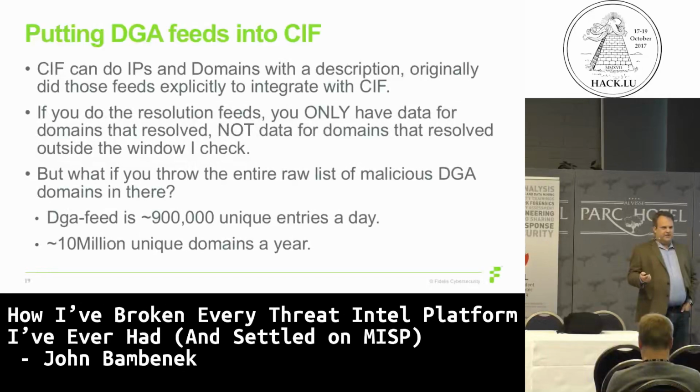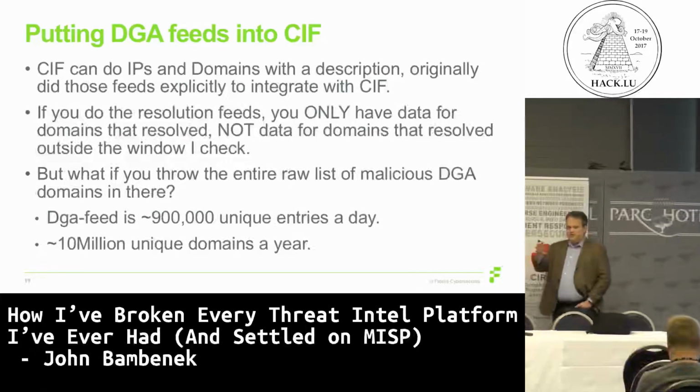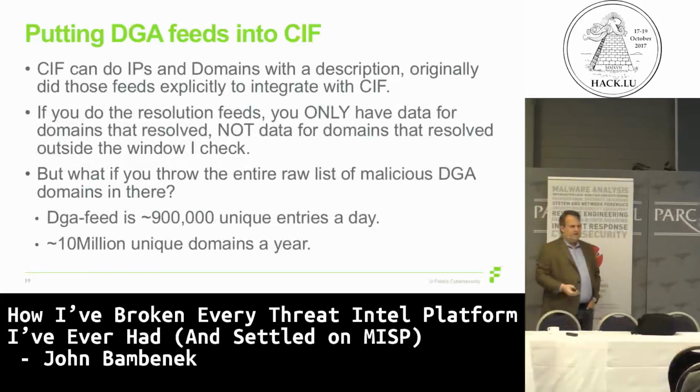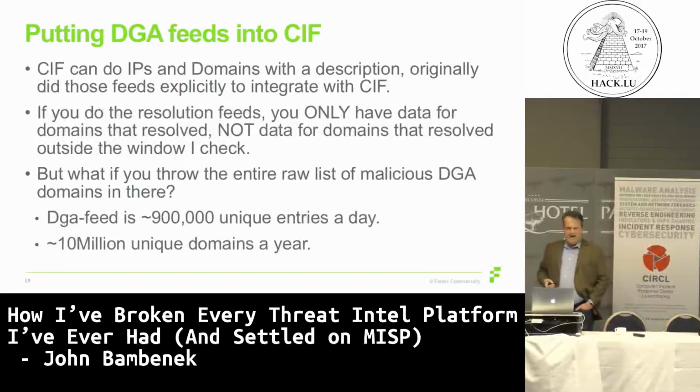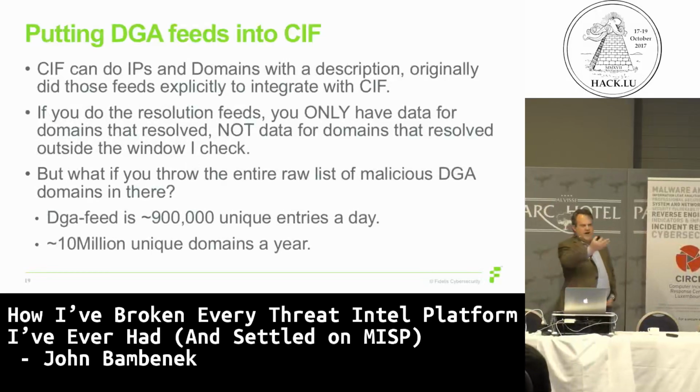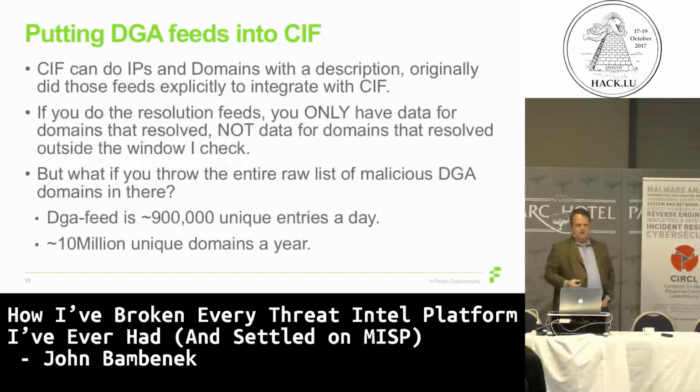That's a sizable chunk of a database. And the advantage is, oh, this was a domain that resolved in March 2016. If I saw that today, I'd be like, okay, that's interesting. That might give me something to think about, some potentially correlated attack, right? I wouldn't have it operational, but I want to be able to query it.